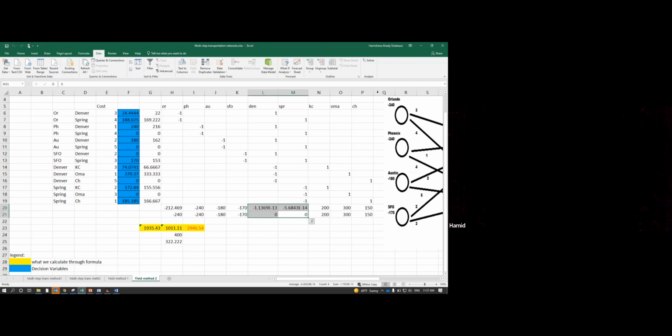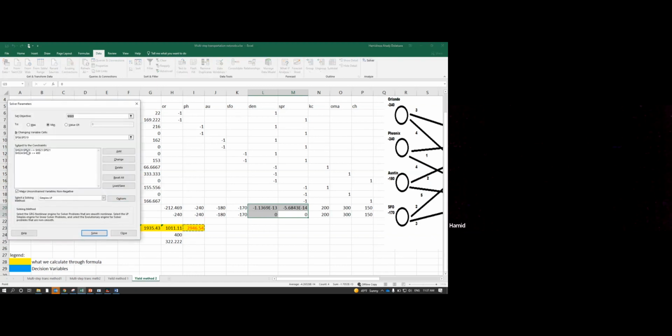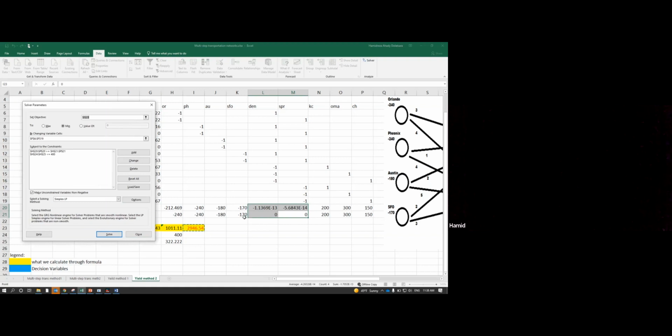But if you again go to Solver, you see it said H20 to P20 should be more than H21 to P21. But here we got -1 something, so they're negative values. Does anyone know what it means? Like these minus values? How you can read this?